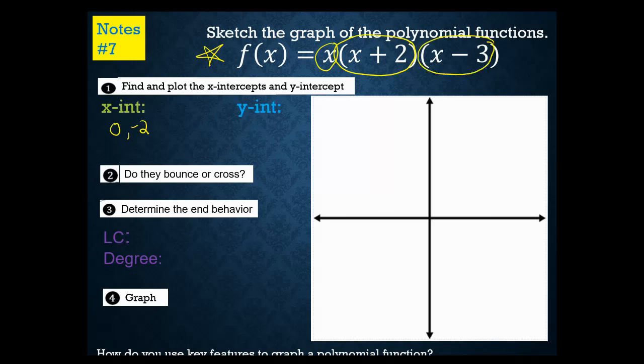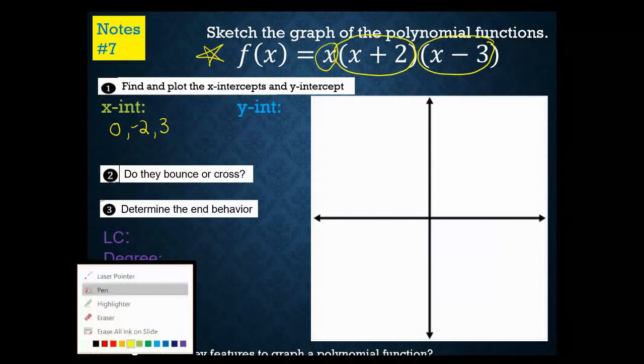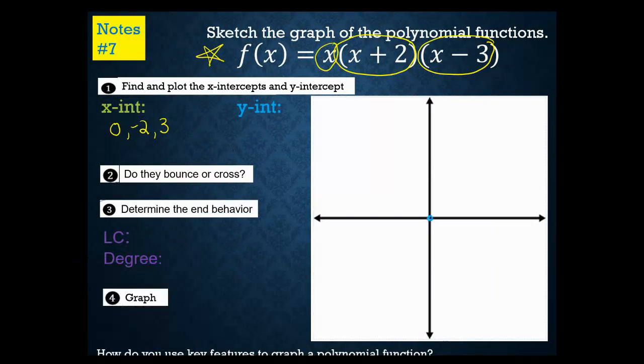The next one, we take the opposite, which is 3. So there's our x-intercepts. I'm going to go ahead and just switch colors here. And we can go ahead and plot those. One at 0, one at negative 2, and one at positive 3. You can plot them right away.